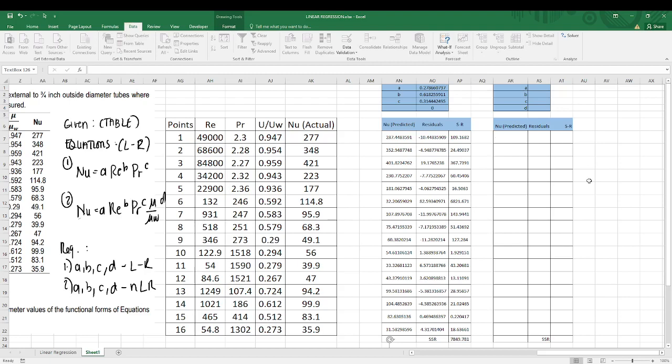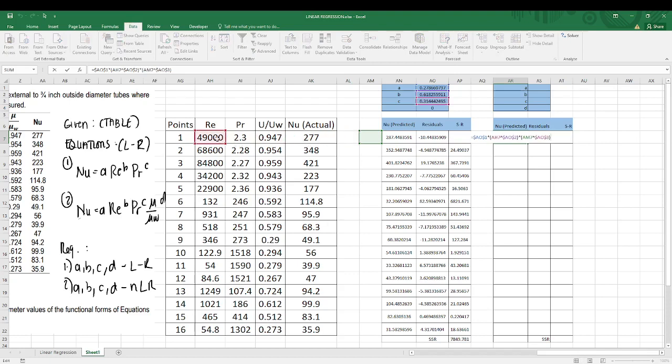And let's proceed with equation 2, the Sieder-Tate. Again, I will just be repeating the method. I will just copy this and move this.